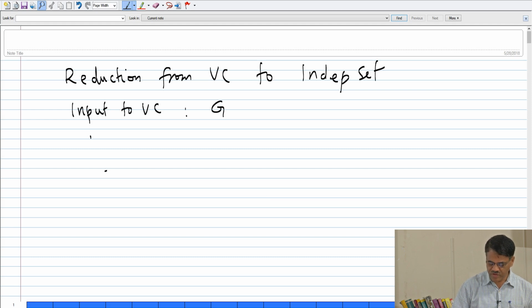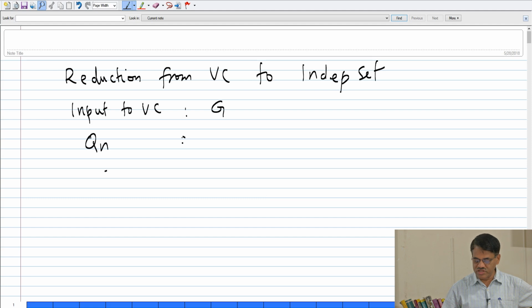A graph, and the question is, what is the question? What is the output? Decision version. No, no. Is there a k sized vertex cover?